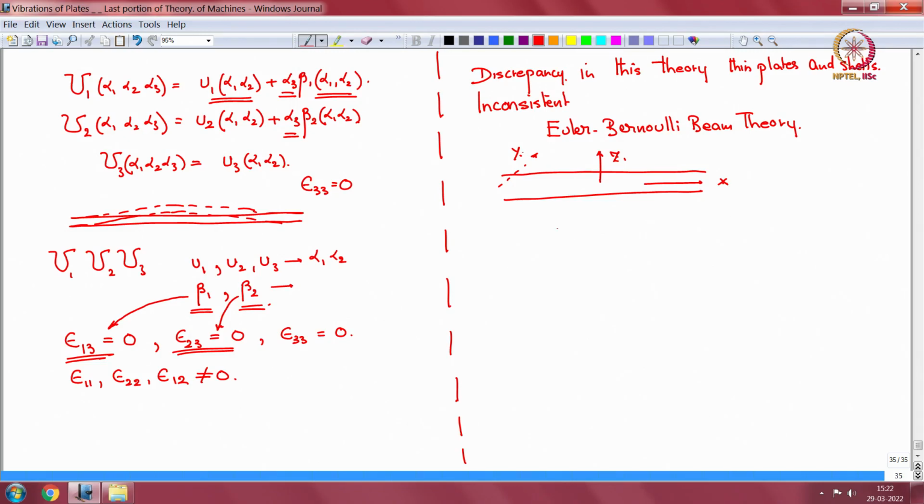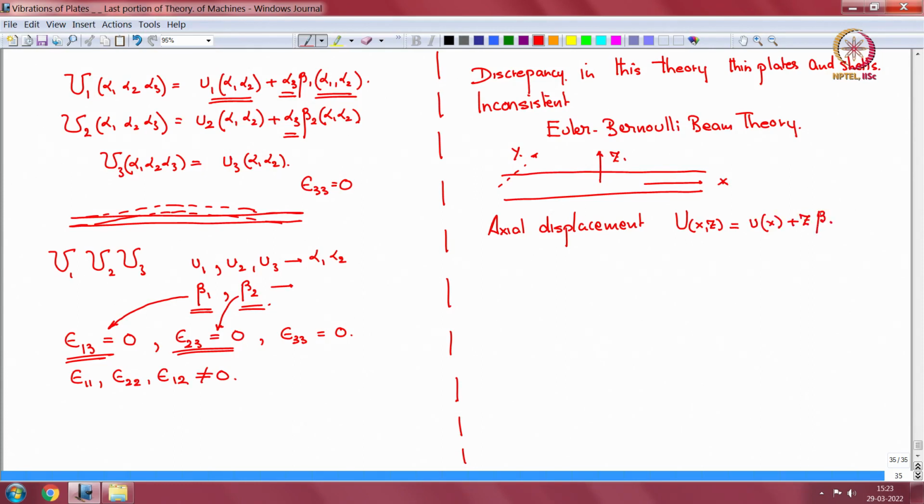The axial displacement, capital U, a function of x and z, is now broken into small u, a function of x alone, plus z times beta.